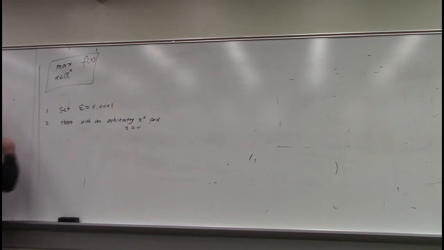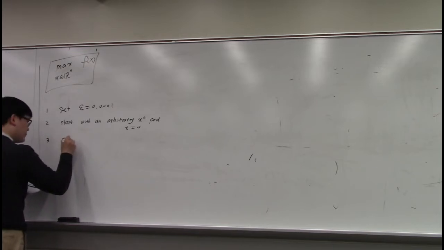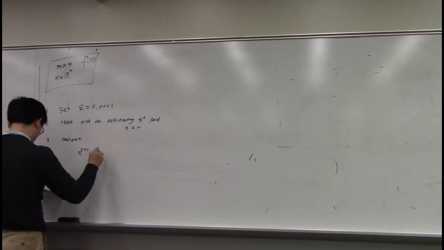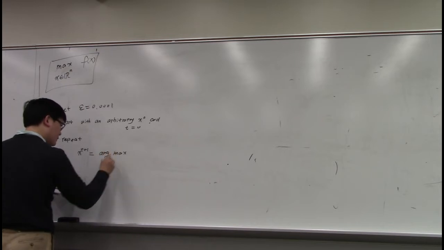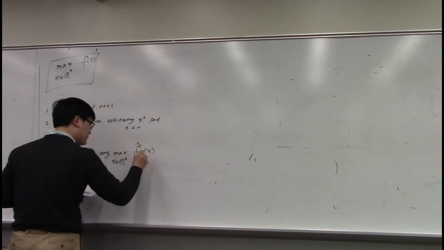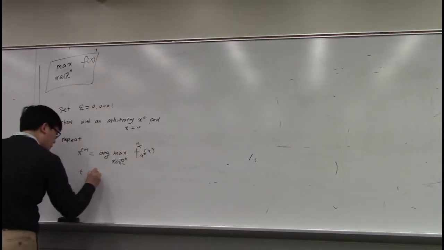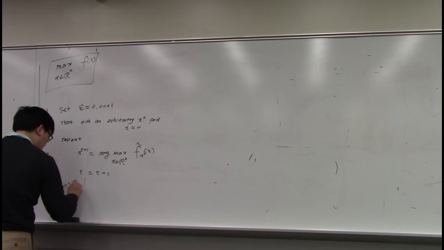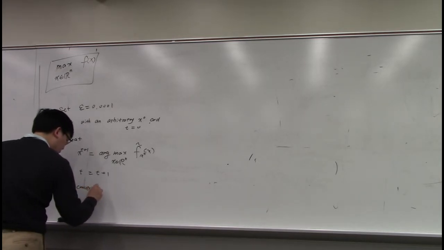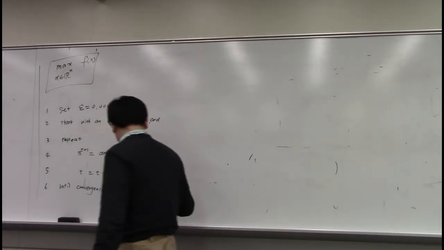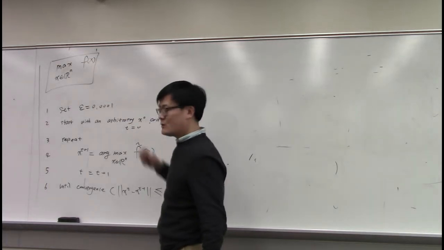Step 3, repeat. Step 4, x_{t+1} is the argmax over x belonging to R^n of f tilde(x; x_t). Then t equals t plus 1, and stop when x_t minus x_{t-1} is small enough. How small is enough? We need to define a threshold.